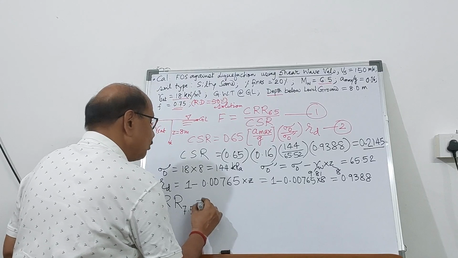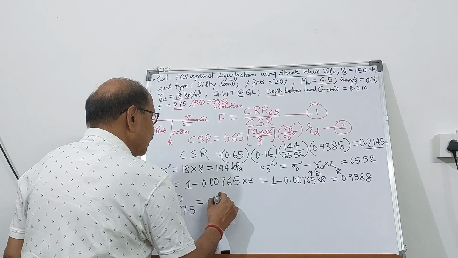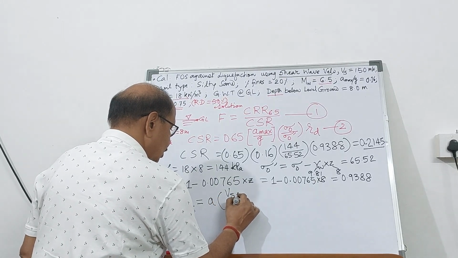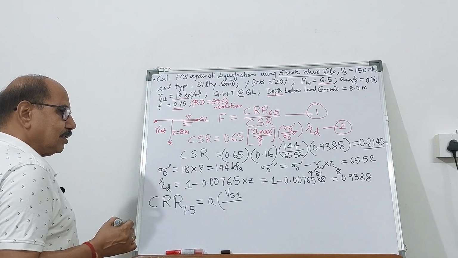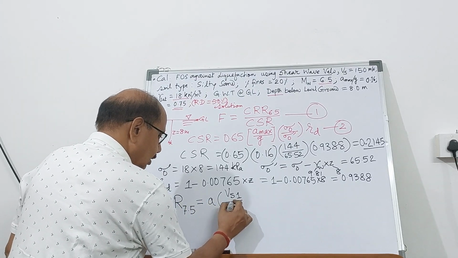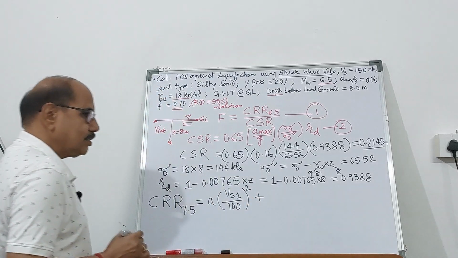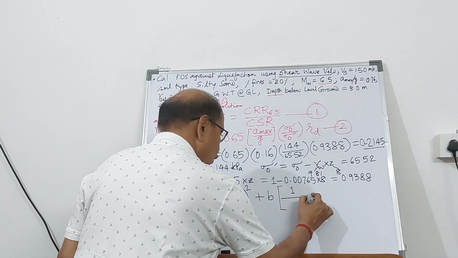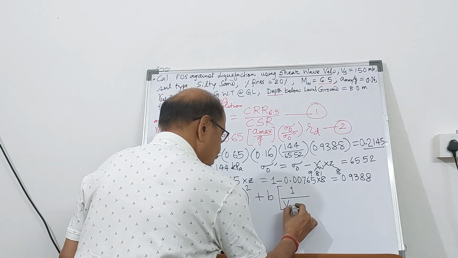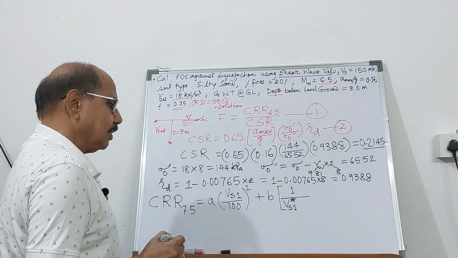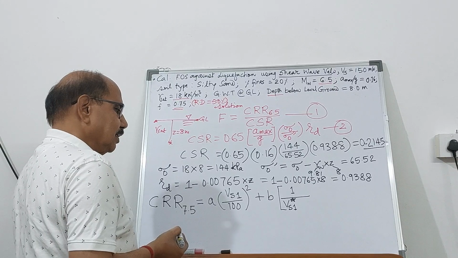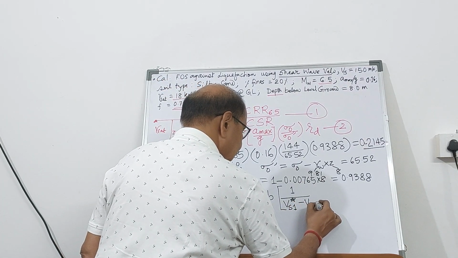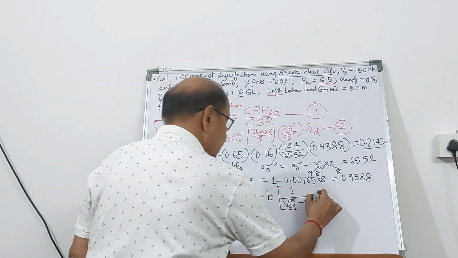So CRR 7.5 can be calculated as A, that is a factor, into Vs1, shear wave velocity after correcting it for overburden, divided by 100 whole square, plus B, another factor, into 1 divided by Vs1 star minus Vs1, plus 1 upon Vs1 star, where Vs1 star is the maximum value of the corrected shear wave velocity.